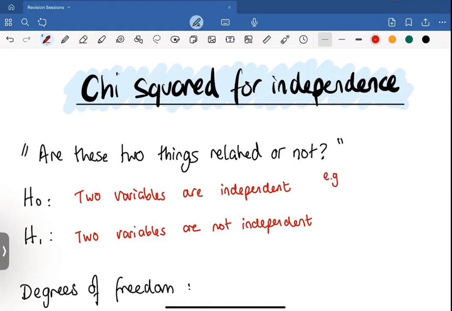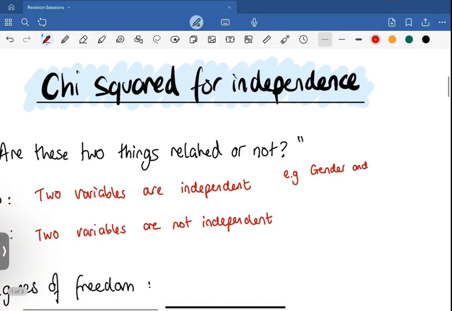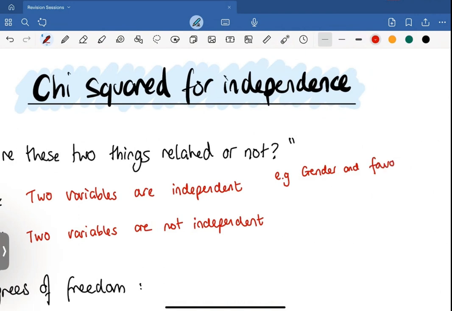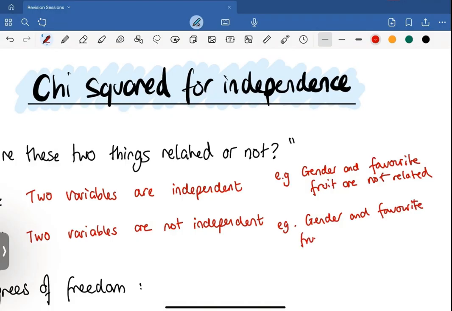So e.g., gender and favorite fruit are not related. And for not independent, gender and favorite fruit are related.